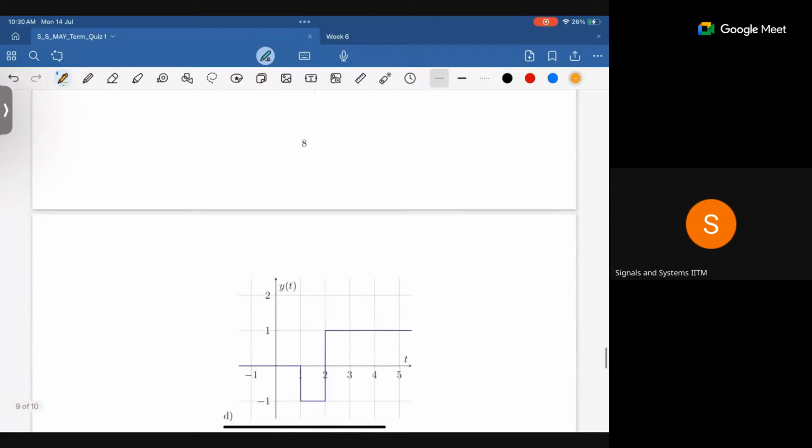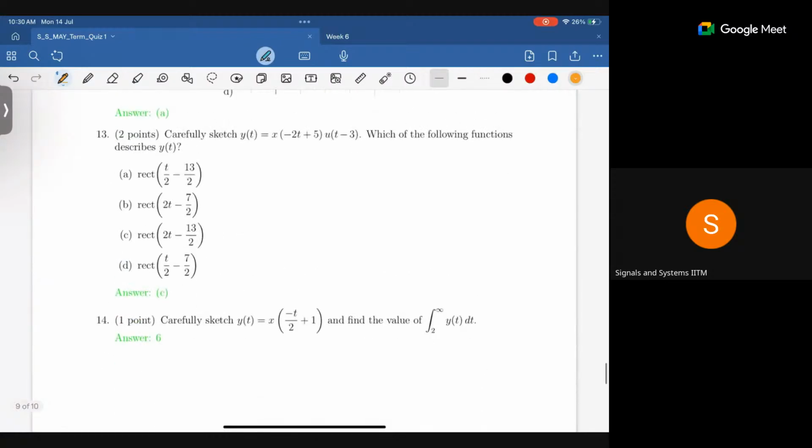And the first three problems are very straightforward. The last two problems involve a little bit of understanding. So once you sketch this, you have to describe that y of t in terms of rect. Right? So you'll have a rectangular signal.